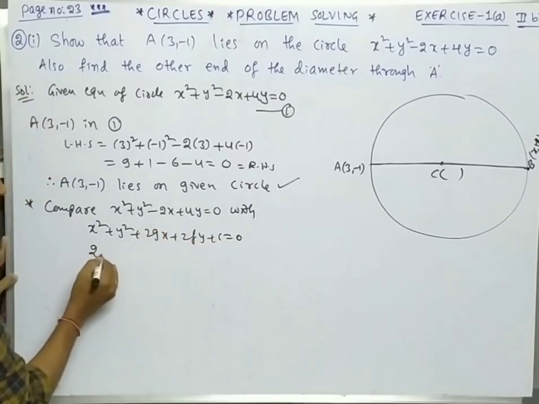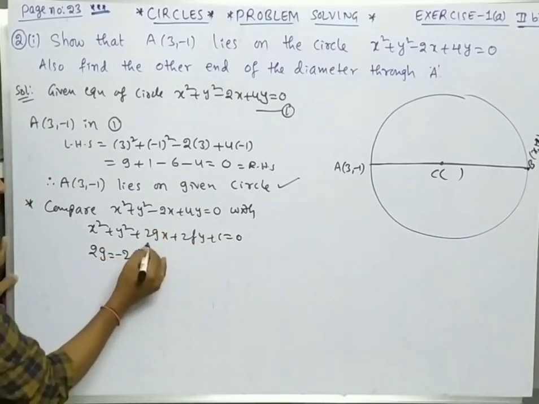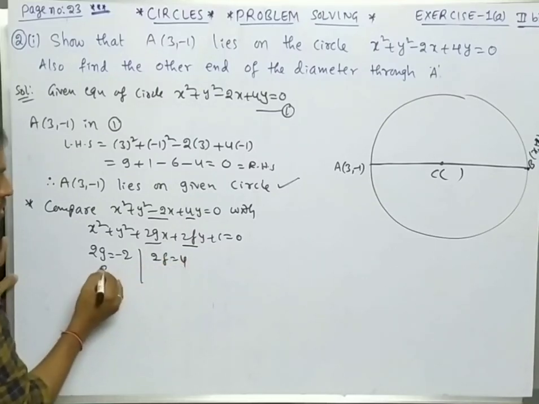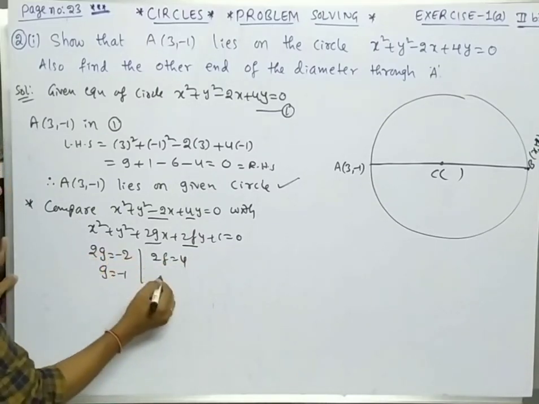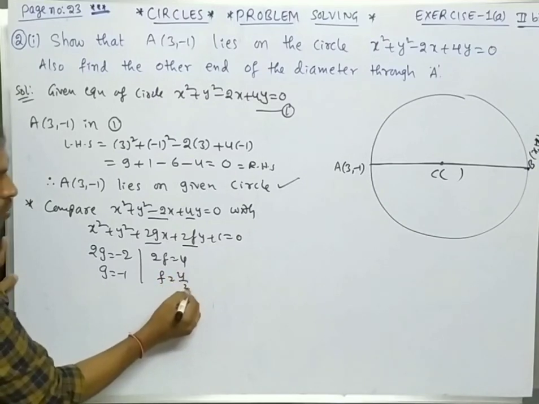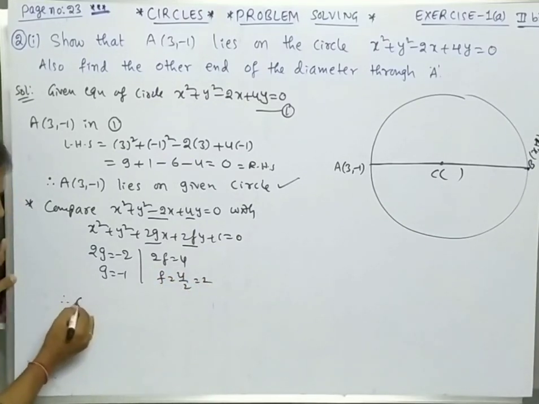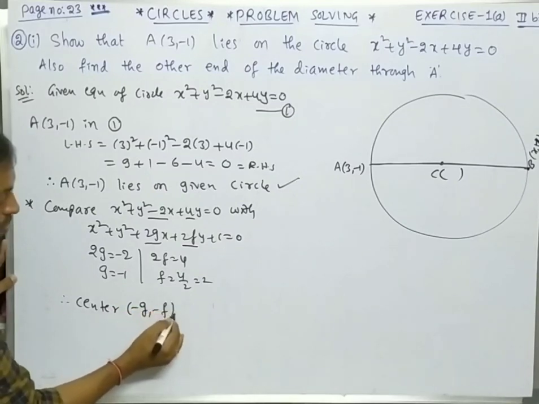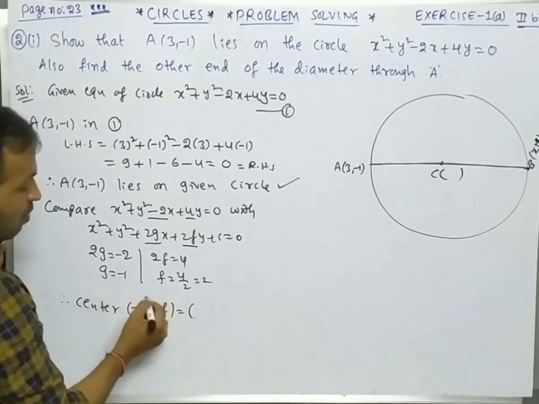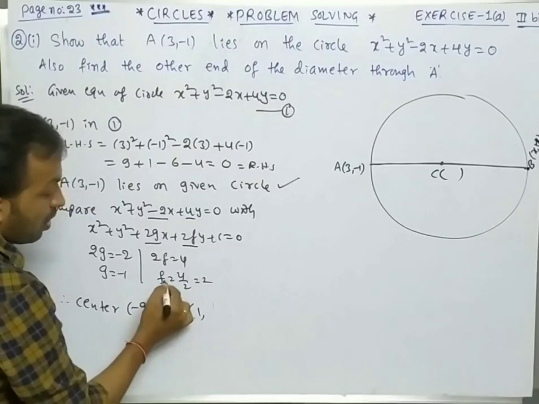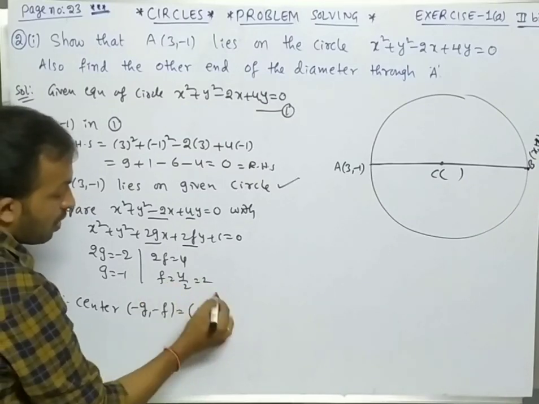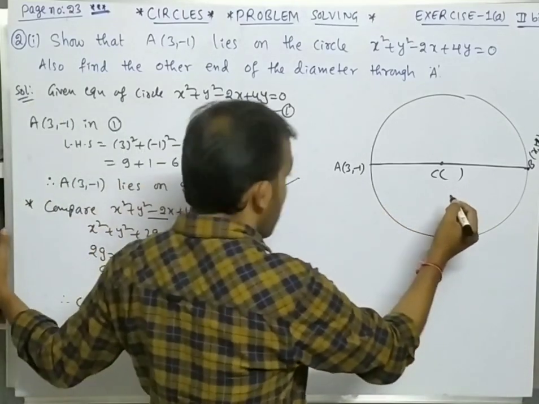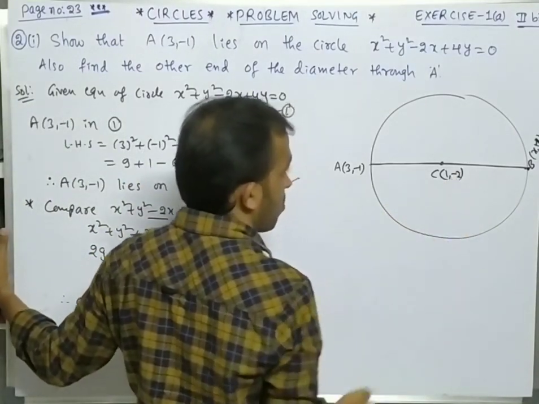So 2g is equal to minus 2 and 2f is equal to 4. g is minus 1, f is equal to 4 by 2, which is equal to 2. So the center formula is minus g comma minus f, right? g is minus 1, then minus g is 1. f is equal to 2, then minus f is equal to minus 2. So this is the center of the circle, that is (1, -2).